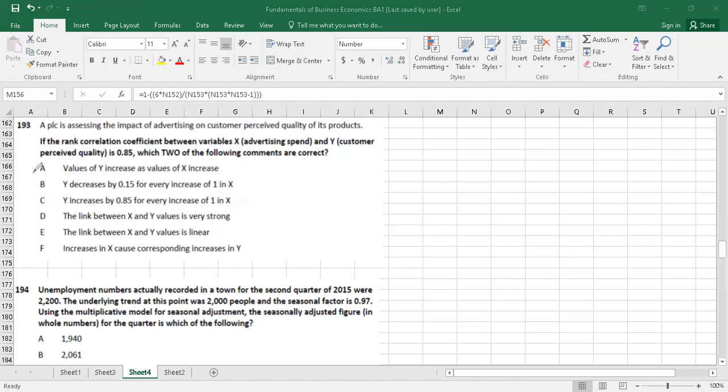Y is a dependent variable. The dependent variable changes whenever the independent variable changes. Values of Y increase as values of X increase. So A can be correct, and D also can be correct because the relationship is strong. I will write the answer here. 193 is A and D.